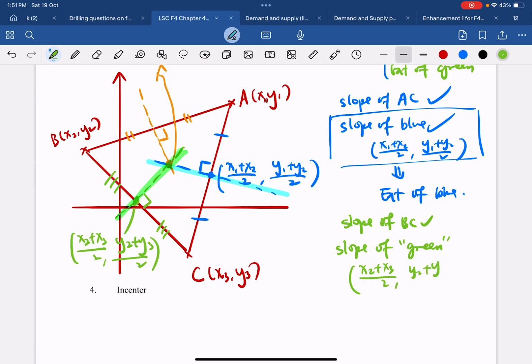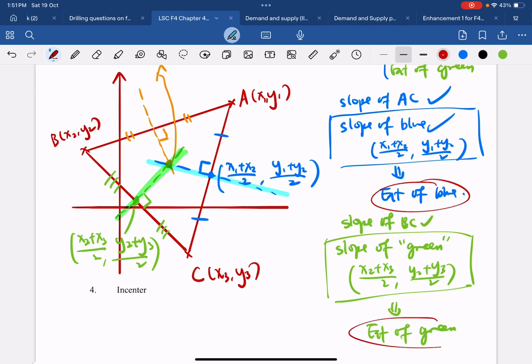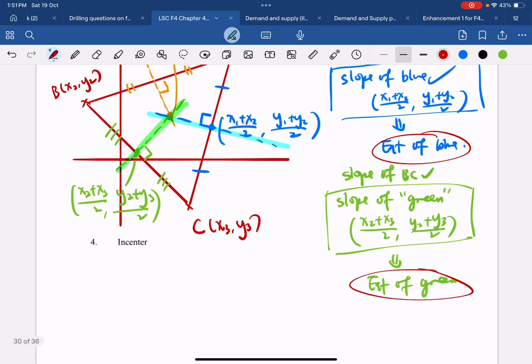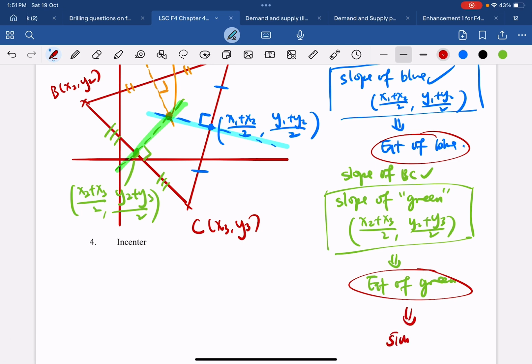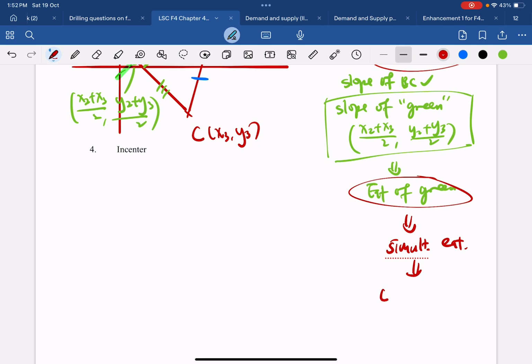So again, we have one point and one slope, so we can use point slope form to determine the equation of the green line. Then we just solve the simultaneous equations for these two lines, and we will get the coordinate of the circumcenter.